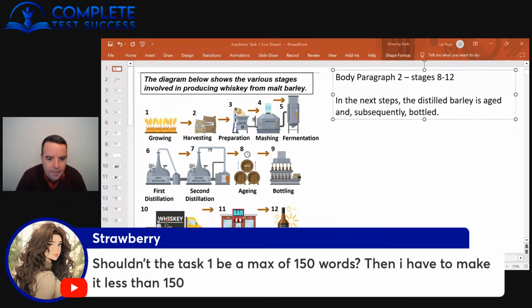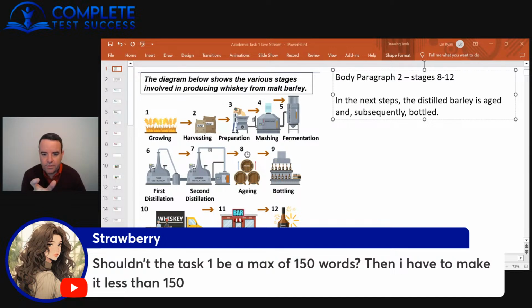Shouldn't task 1 be a max of 150 words? Then I have to make it less than 150. No. It says you should write at least 150. So if you write less than 150, that means you didn't do what you need to do. But if you write an essay that's only 150 words, it's difficult to get a high task achievement score because you're not going to have enough information. In the past, there used to be a penalty.